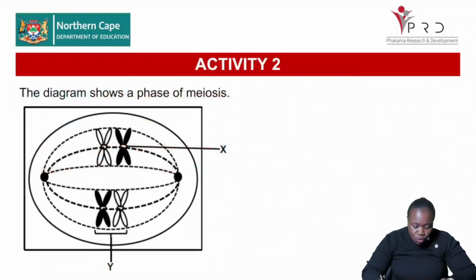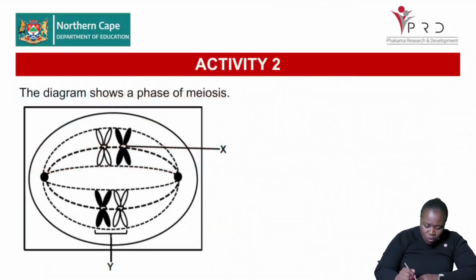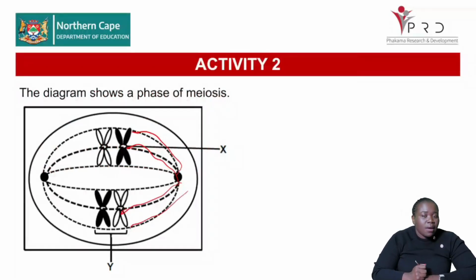The diagram shows a phase of meiosis. Before you move on to the questions, you label whatever labels you are given, and you also try to identify which phase you are looking at. From looking at this, we can see the spindle fibers attaching to the centromere, and we can see that chromosomes are still in homologous pairs.